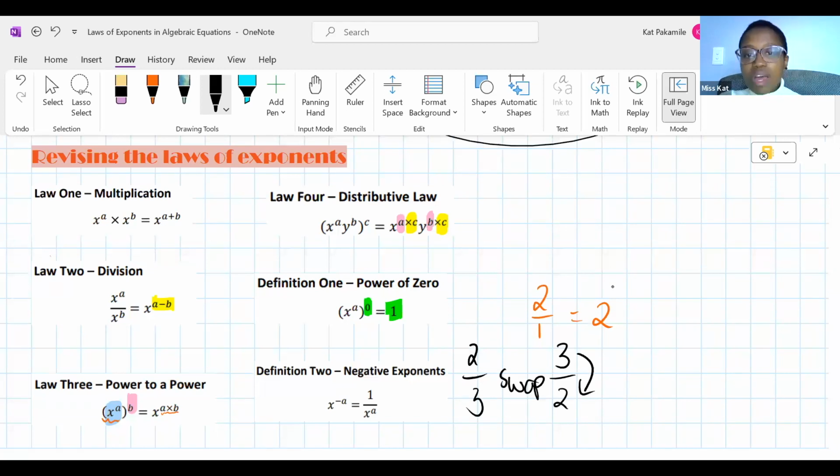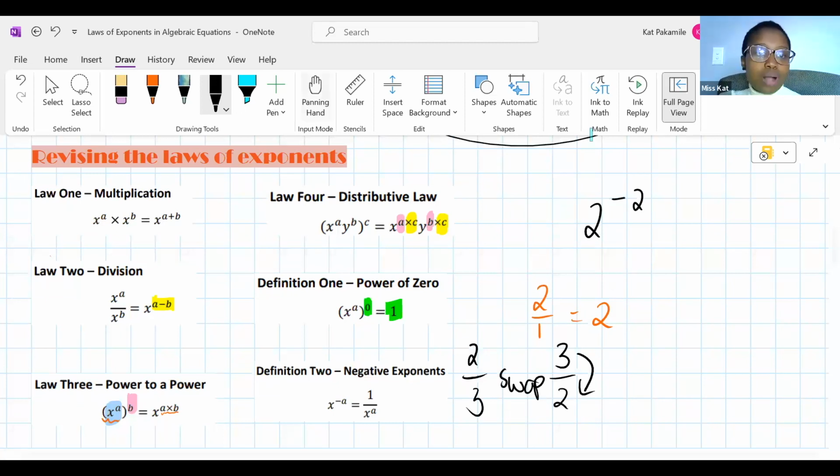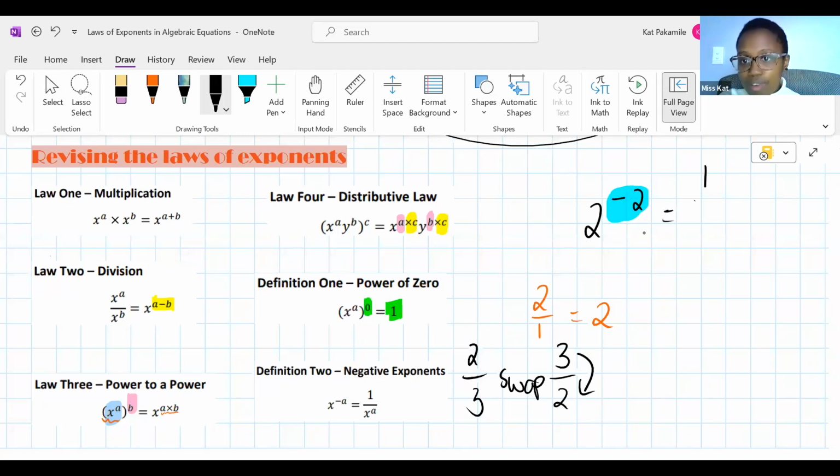So if we have, for instance, 2 to the power of negative 2, and we want this exponent to be a positive exponent, we will make this 1/2 to the power of 2. So now it becomes a positive exponent because we have moved it where it was a numerator.